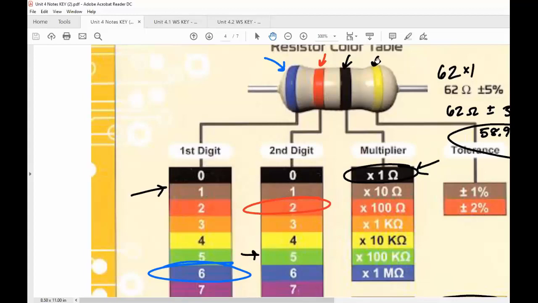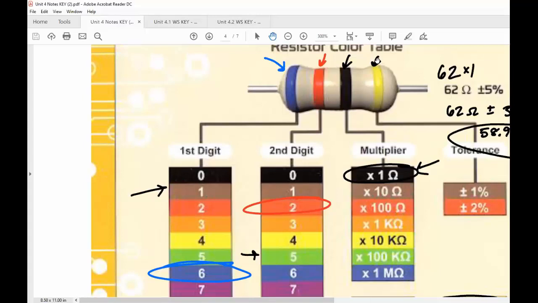That's because these resistors are mass produced and they're very, very cheap. What they do is they take the stuff that the resistor is made out of, whether it's plastic or some kind of ceramic or whatever, and they put it in a big vat and they mix it all around, and then they extrude it to create these resistors. But their process is not perfect. Manufacturing processes are never perfect.